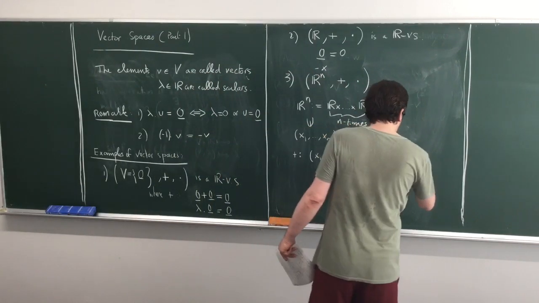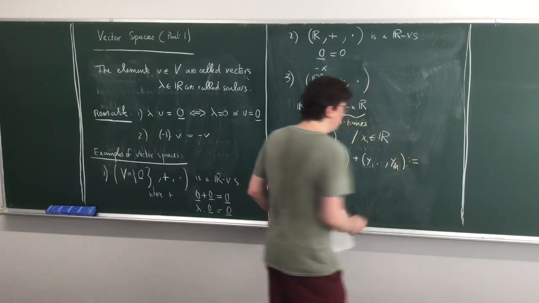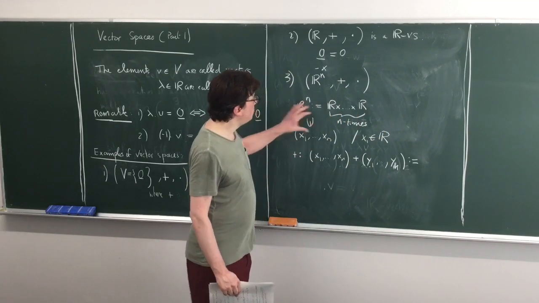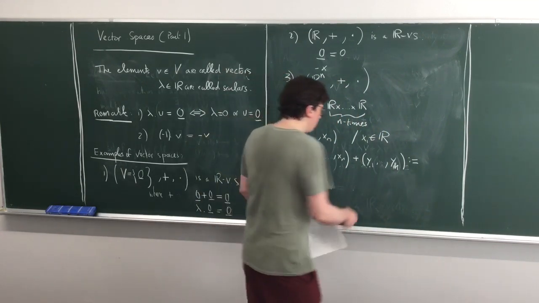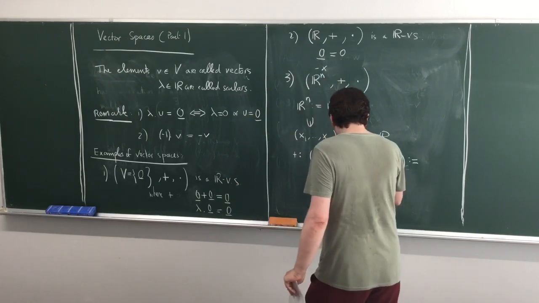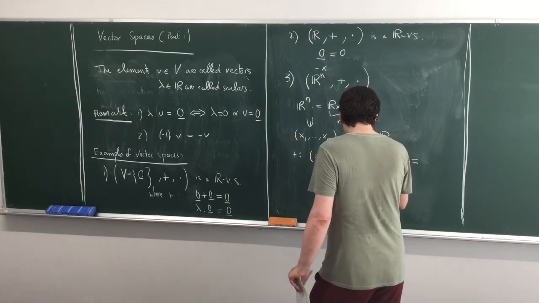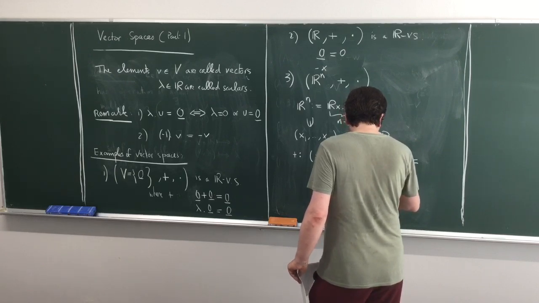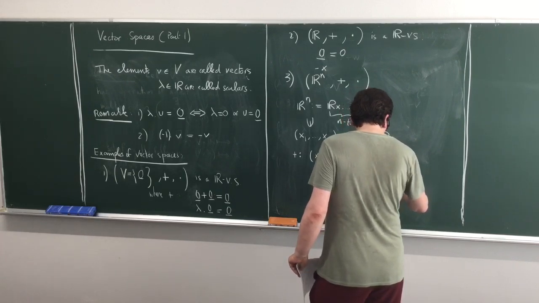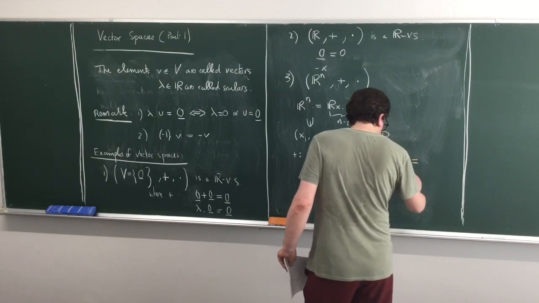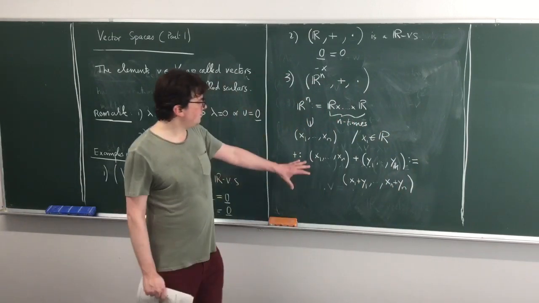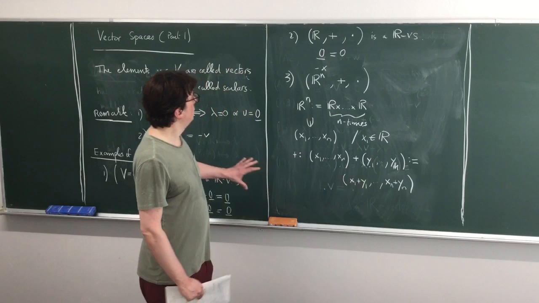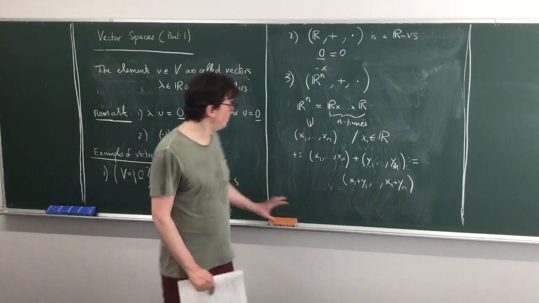And I need to define a third vector that will also be an n-tuple. Now, I'm going to add component-wise. So the first component will be x1 plus y1, and the last one xn plus yn. This is a well-defined operation plus from R^n times R^n to R^n.